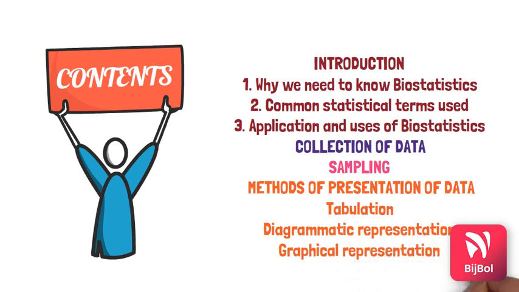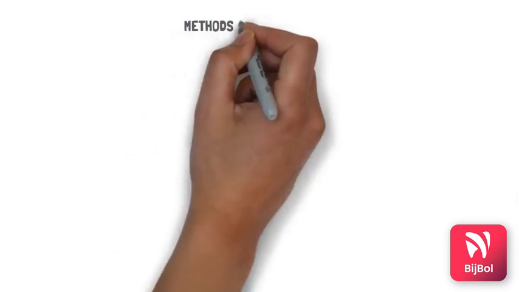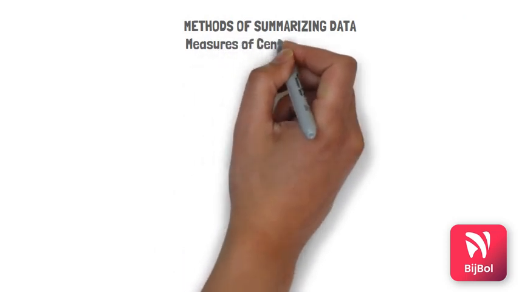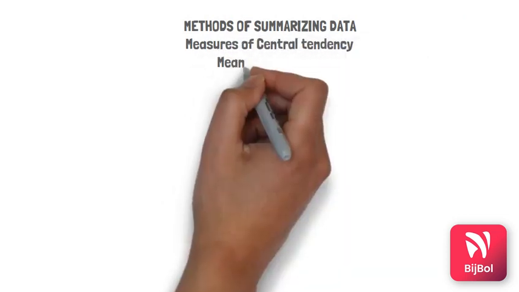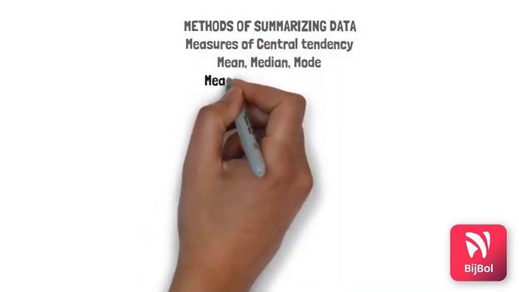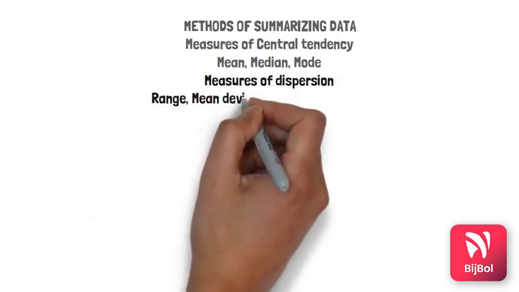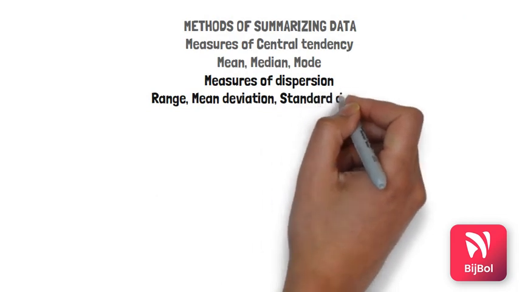After you collect the data, the next important thing which we have to do is the methods of summarizing the data. Under methods of summarizing the data, we see the measures of central tendency, that is the mean, median and mode. Then we look into the measures of dispersion, that is range, mean deviation and standard deviation.